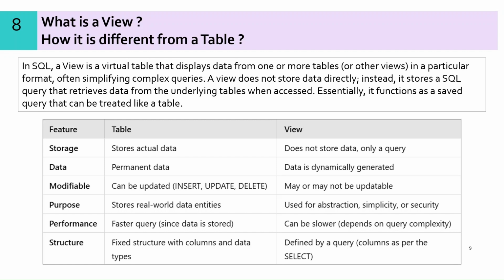A table stores real-world data entities, but a view is used for abstraction, simplicity, or security. The query is faster for a table because the data is already stored, but a view can be slower, depending on the query complexity. The table has a fixed structure with columns and data types, but a view is defined by a query, with columns as per the select statement.